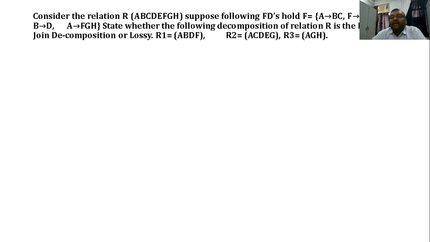State whether the following decomposition of relation R, into the three relations R1, R2, and R3, is lossless join decomposition or lossy. Now you have to check whether this is lossless or not.